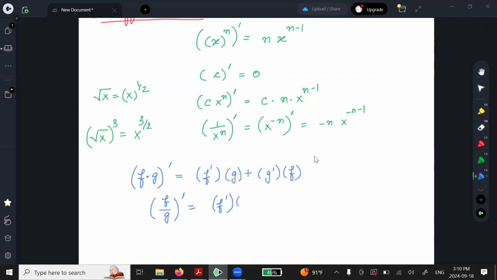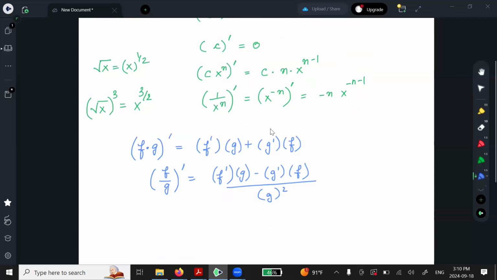I have yelled this formula more than 10 times in this class. Right? Everybody remembers this? Everybody can apply this? Now, chain rule is not going to be on this exam, so we will ignore that. Okay, so this is all you need to know for the differentiation problems.